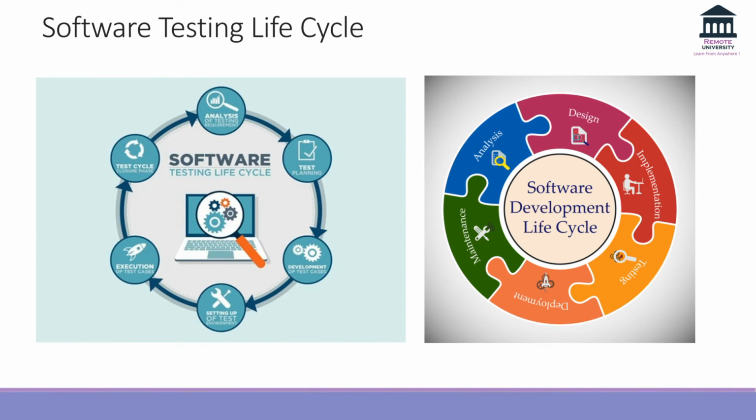So what happens in the software testing life cycle? If you see the two diagrams we are trying to illustrate here, just like how a project is planned, we first start with the analysis of the testing.